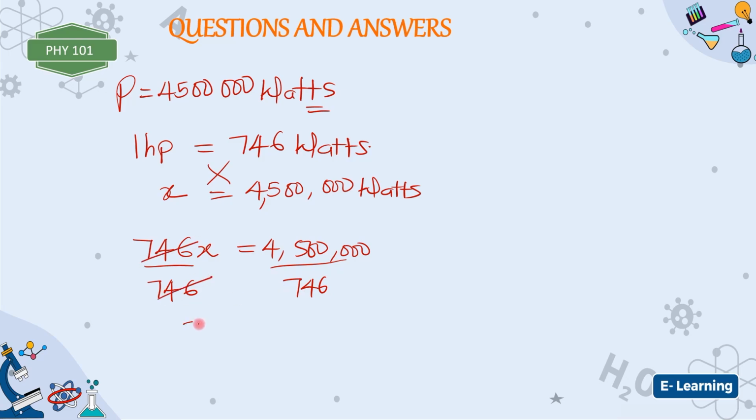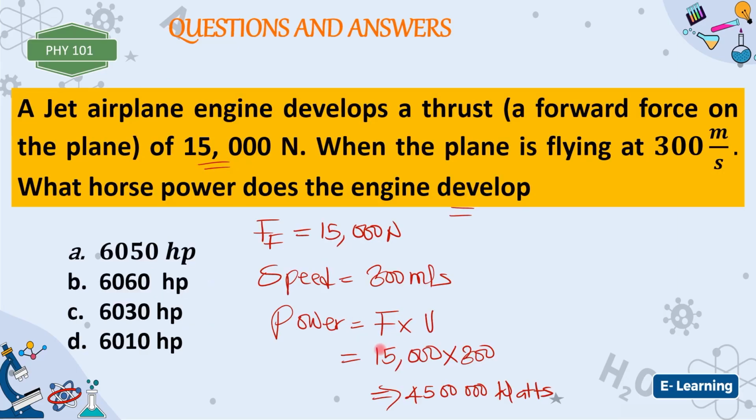When this cancels, X would be equal to, so simplify this and tell me what you are going to have. 450,000 divided by 746, which will give us 60,321.7 horsepower. Approximate value 60,300. All right, that is option C.